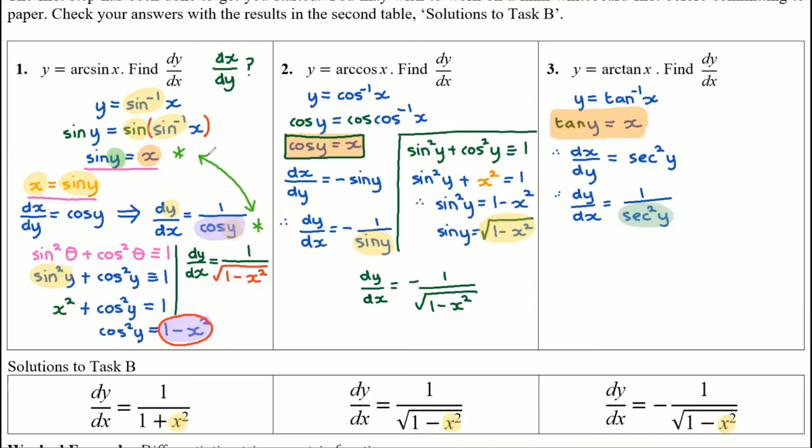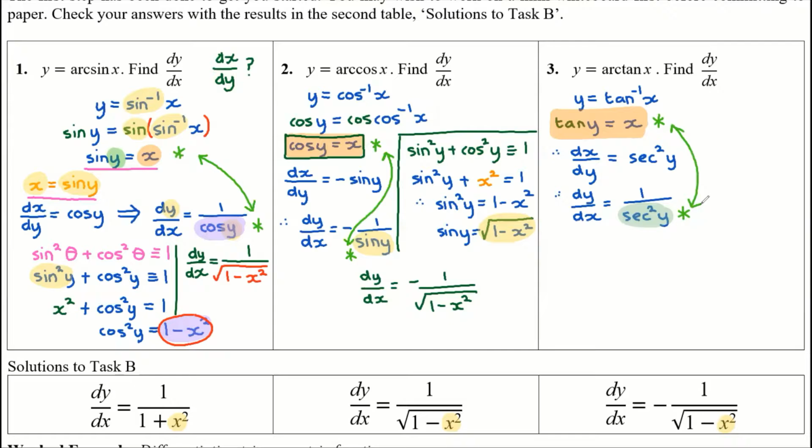Once again here, when we had the sine y and we had cos y here, we need an identity that connects the two and nothing else. The same one, sine squared plus cos squared is 1. In this instance, we have sec squared y and we have tan y. And we need an identity that connects the two and nothing else.